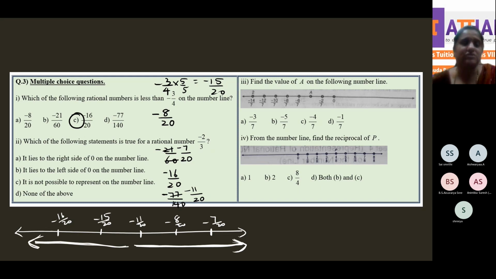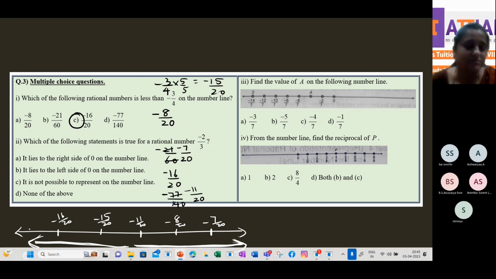Left decreases. So which of the following rational numbers is less than minus 3 by 4? Less than minus 15 by 20, so to the left, minus 16 by 20.